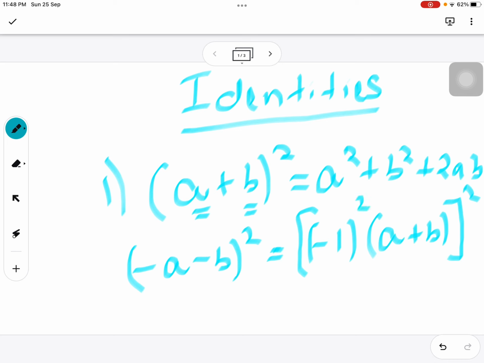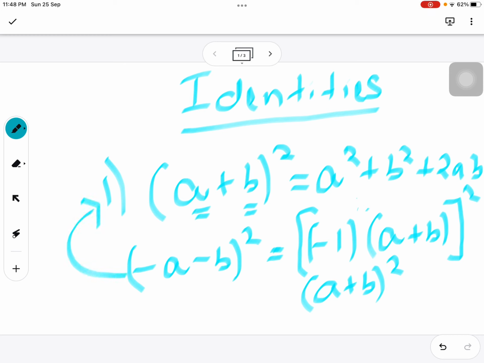Minus 1 square is 1, and this becomes a plus b whole square, which is the same formula as above. So minus a minus b whole square is equivalent to this. You should always remember that.